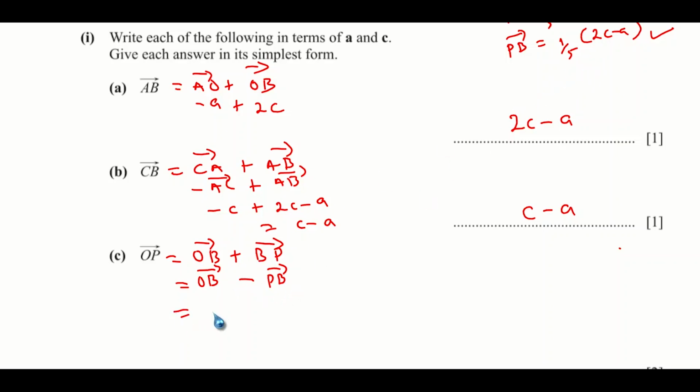If you substitute the values, this will be 2C, then minus, in bracket, 1 out of 5, in bracket, 2C minus A.